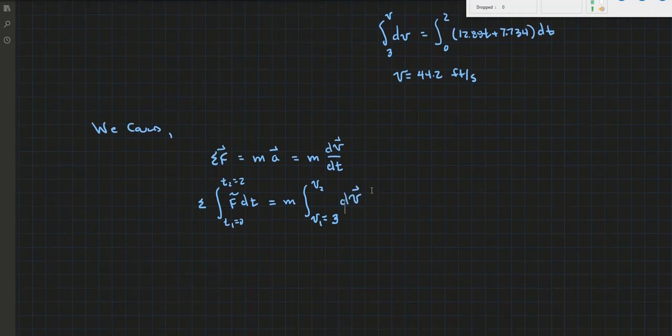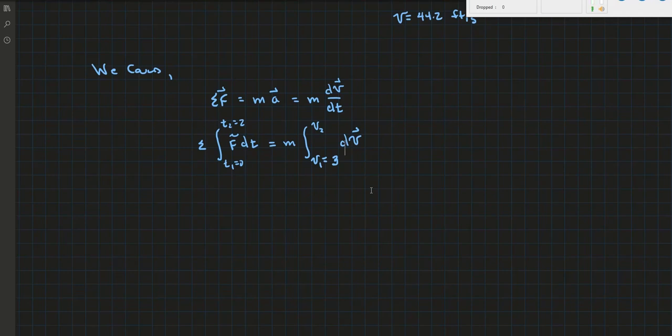And solving this directly, we end up with a situation where this equals mass times v2 minus mass times v1. We call these terms our linear momentum, our initial and final.